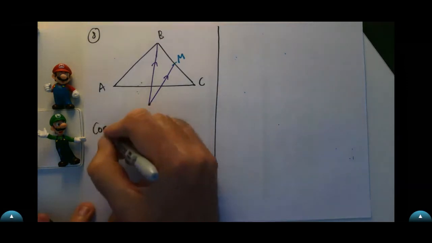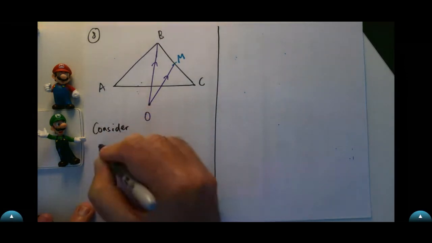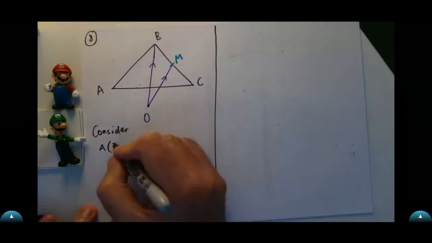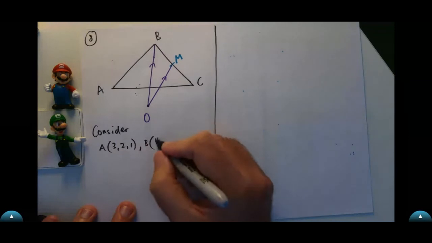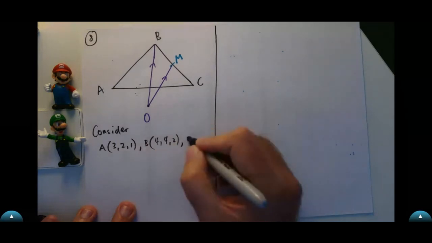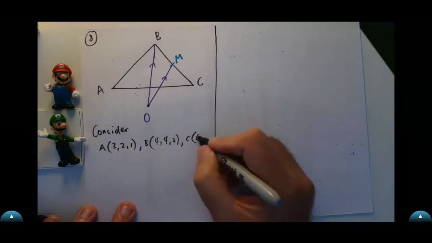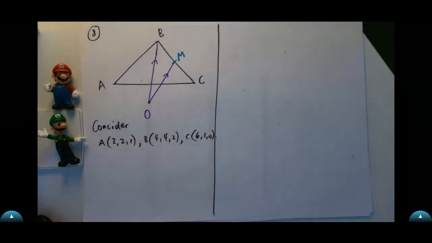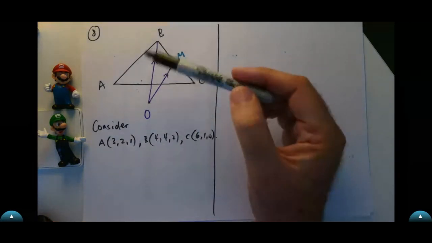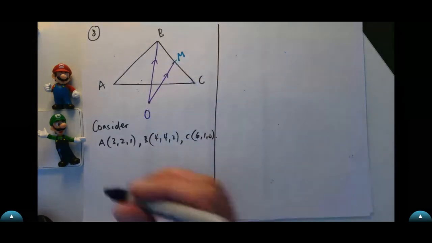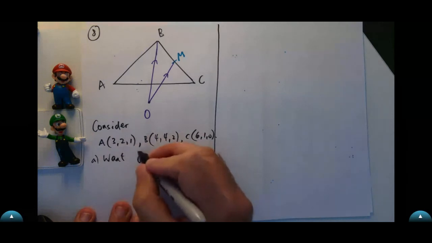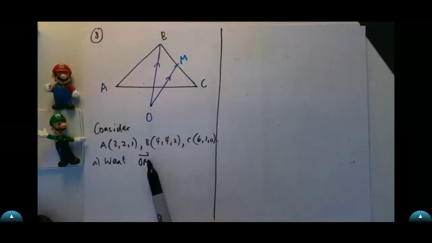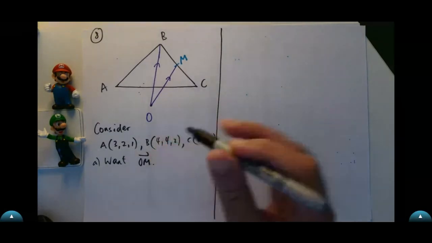So let's consider our points. We're told that this is 1 point, this is another point, and this is the third point. So the vector from O to M, we want that. If we have that, then we know the coordinates of M. Okay, so let's work it out.